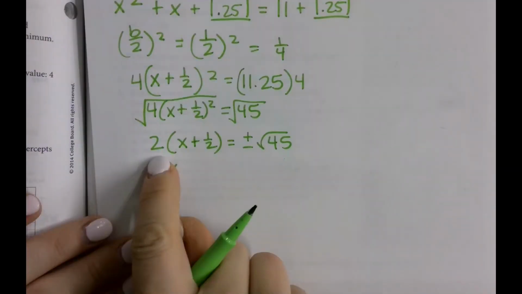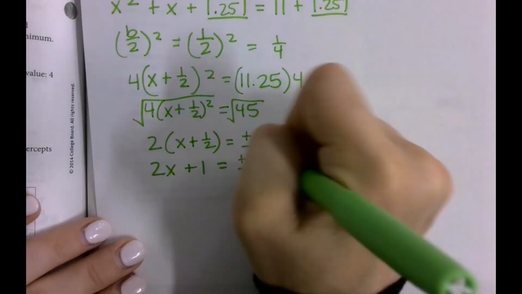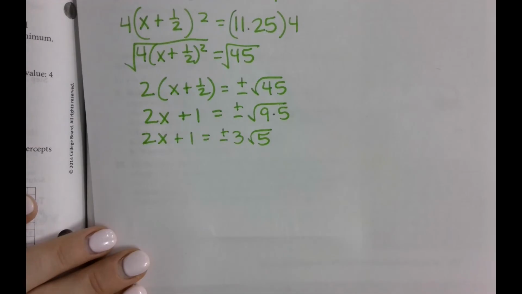Then I'm going to do times 1/2, which is 1. I know that a perfect square goes into 45: 9 times 5. Then I take out the square root of 9, which is 3, so plus or minus 3 square root of 5.